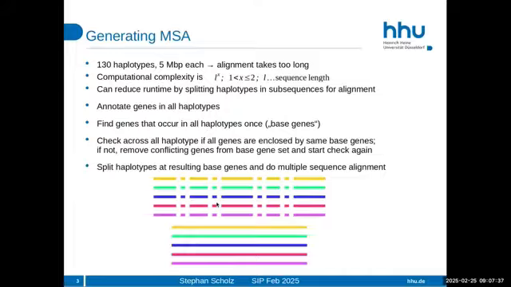This also has the advantage that we can split this alignment across multiple machines, so they can run in parallel. After these regions are aligned, we can then concatenate the alignments. So that solves the problem that generating large MSAs takes a lot of time.